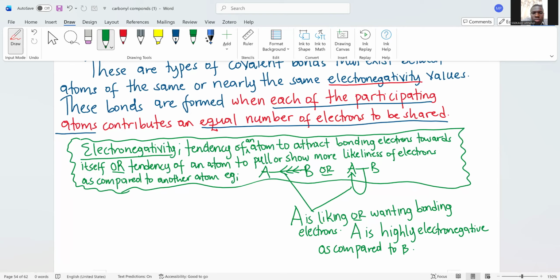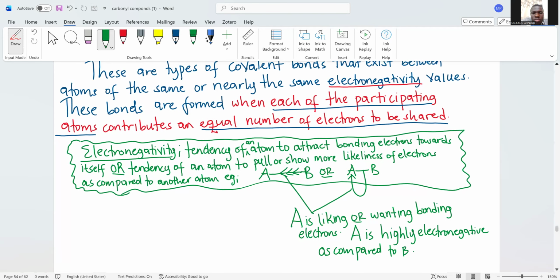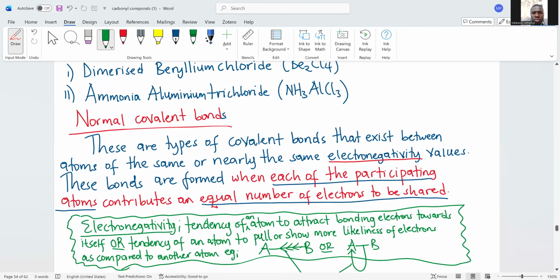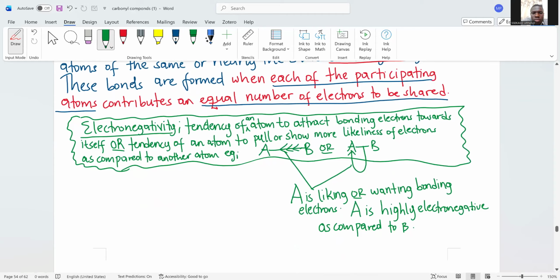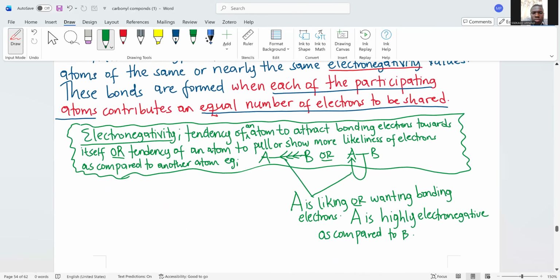Tendency of an atom to attract or to want more bonding electrons as compared to the other. If it wants bonding electrons more, or is highly electronegative as compared to the other, it will attract those bonding electrons towards itself.